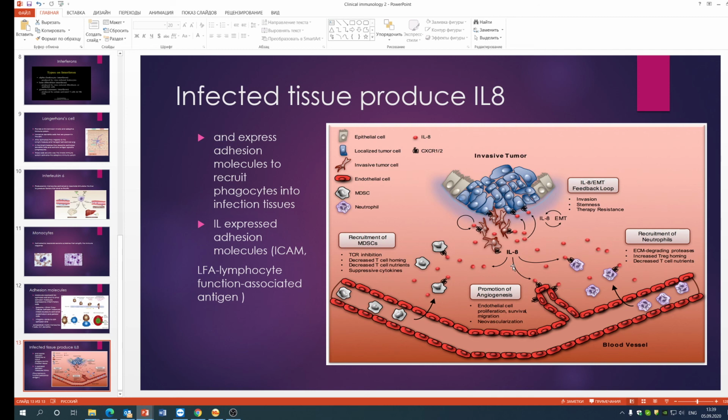Alpha A1 binds to ICAM on phagocytes and into interstitial tissue, and diapedesis forms into the inflammatory site.